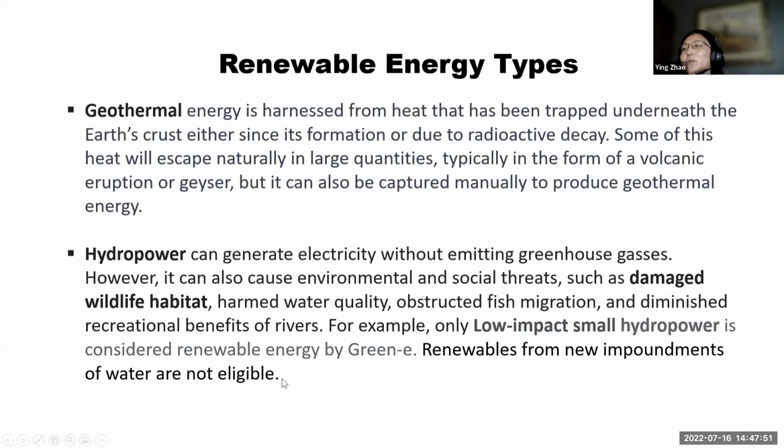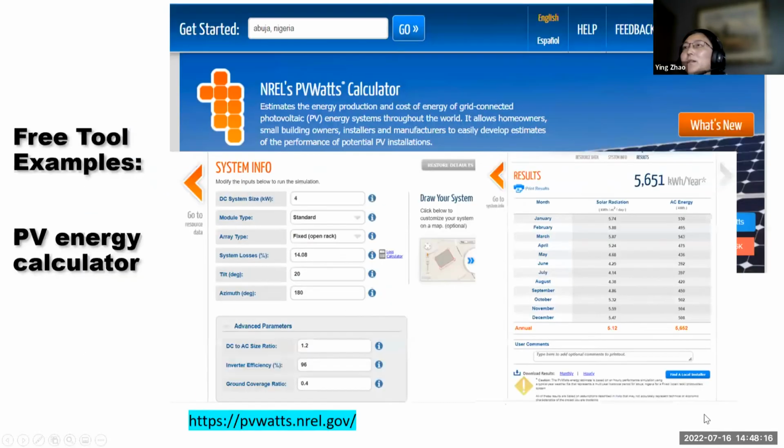It's more stringent. They don't even want hydropower from a new impoundment of water. But some other systems will certify it, since they consider hydropower less stringently.